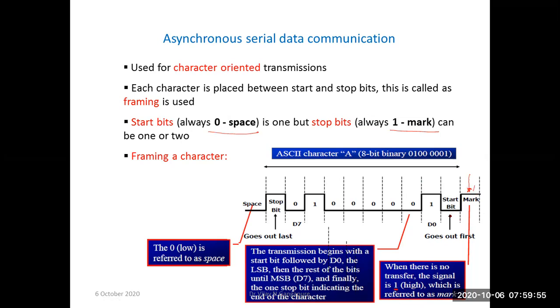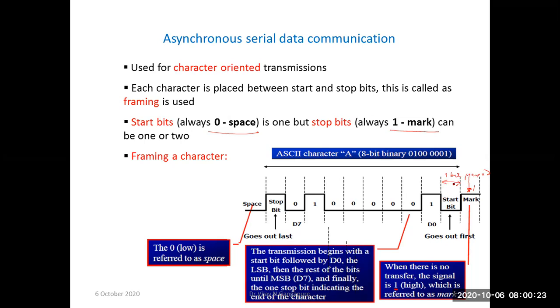And when the communication starts, this time period is called 1 bit period. That is the time for which the signal should be there, either 0 or 1, or space or mark.